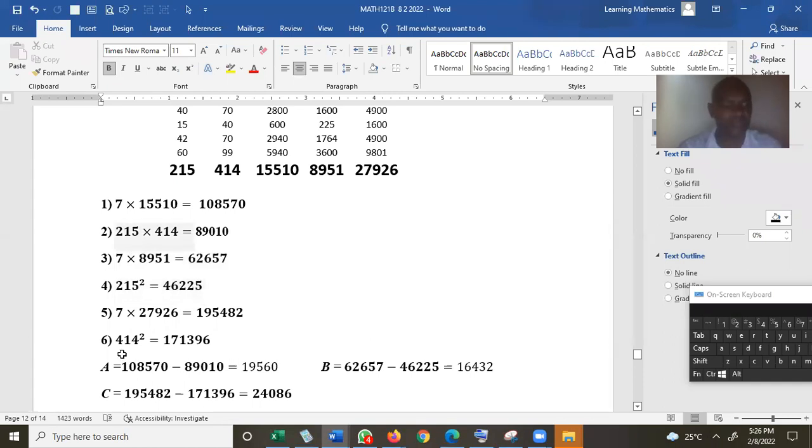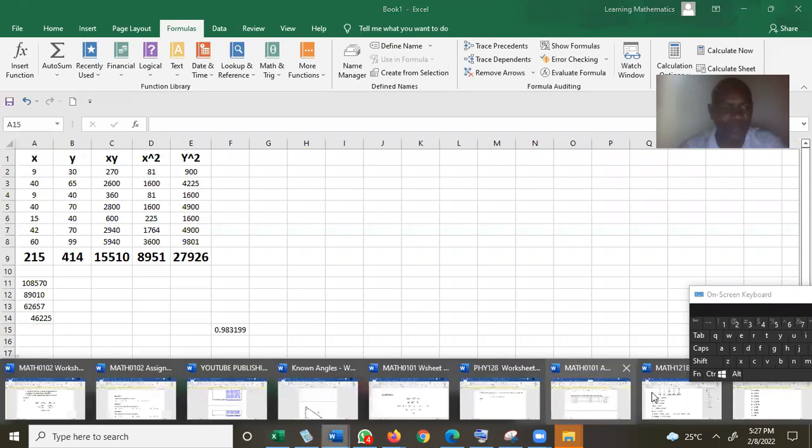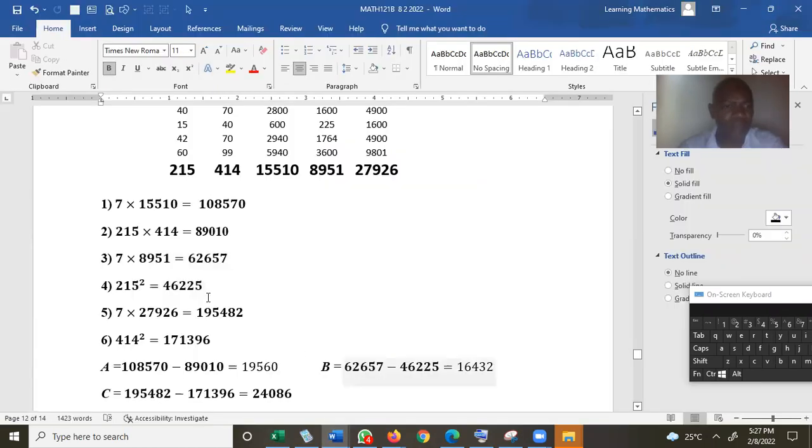equal to the sum of x, A9, all squared, 46225. Then 7 times, or n times, the sum of y squared.